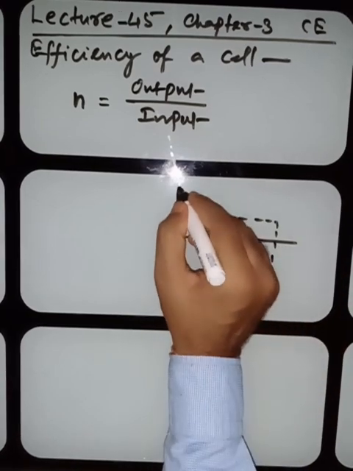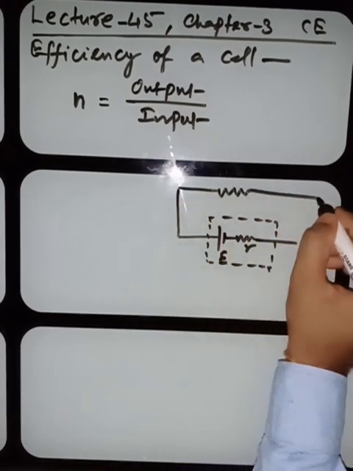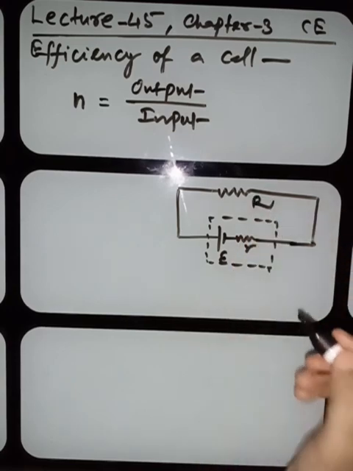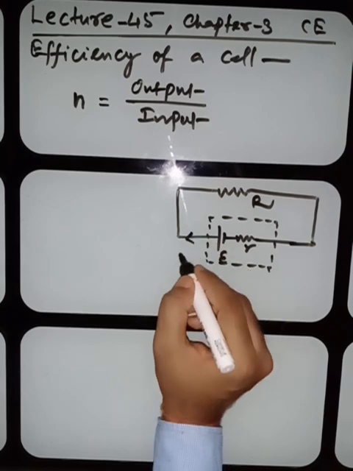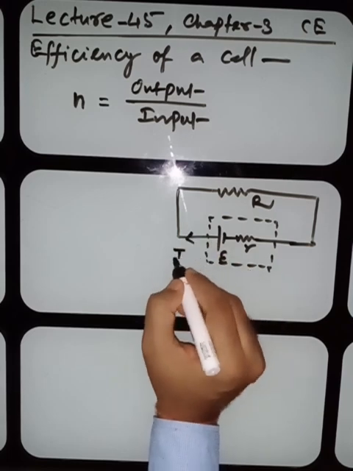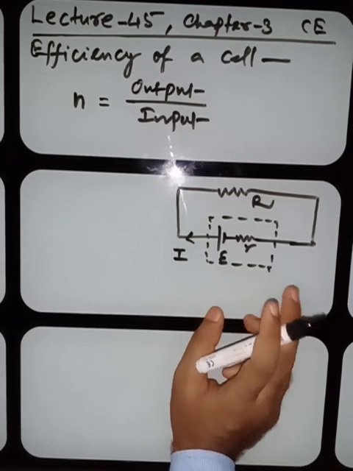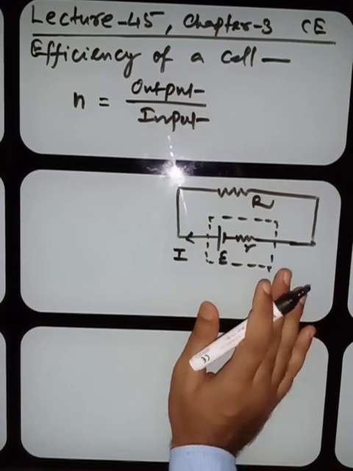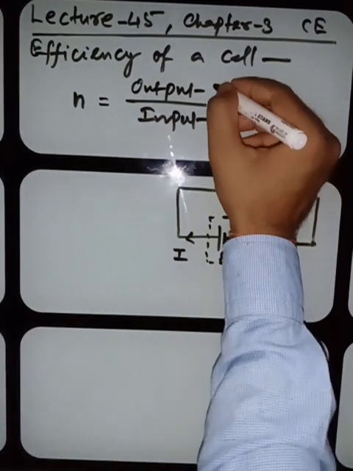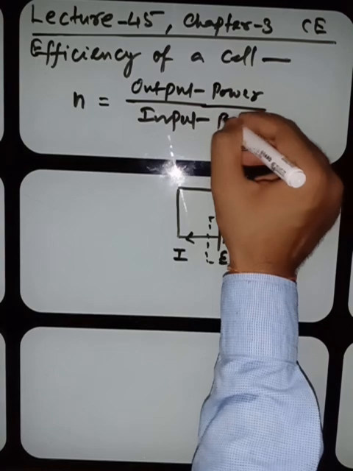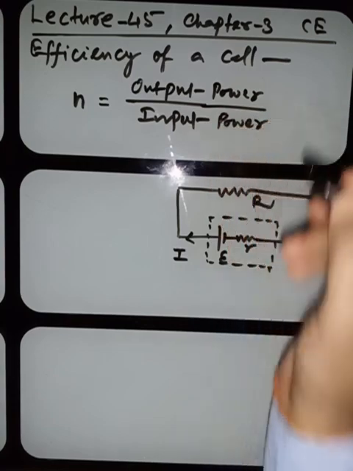Connect this cell with a load resistance like a bulb, fan, anything. This is R, the load resistance. The current sent by the cell through the circuit will be I. Okay. What we have to find is the output power by the input power.